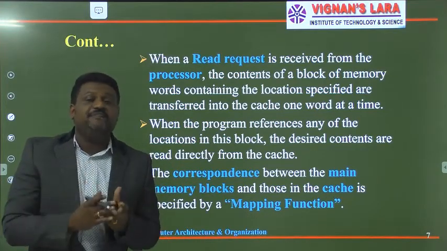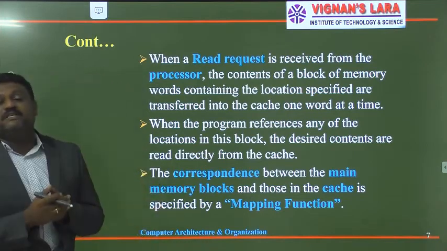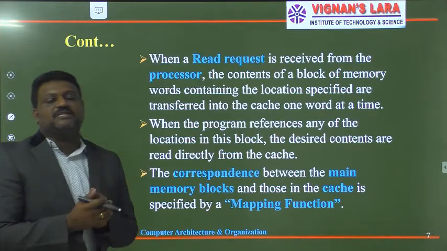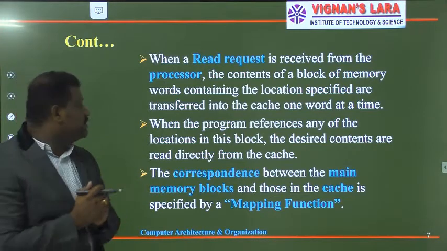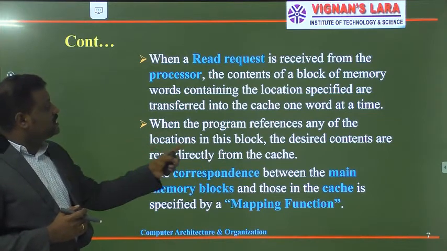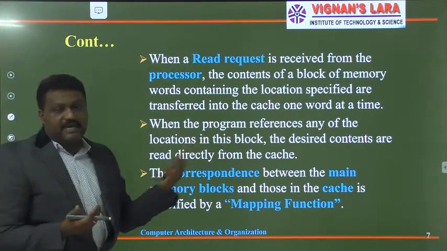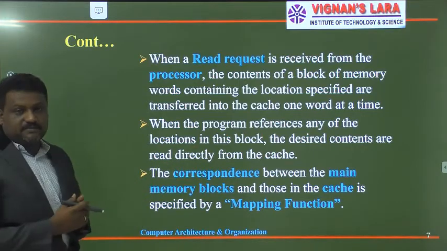Whenever it identifies that word, the cache simply supplies that word to the processor itself. When the program references any of the locations in this block, the desired contents are read directly from the cache. It is available, then I can transfer.